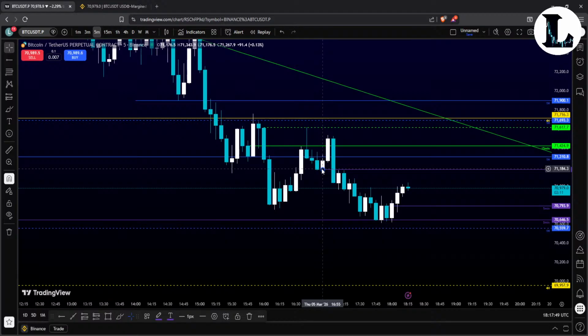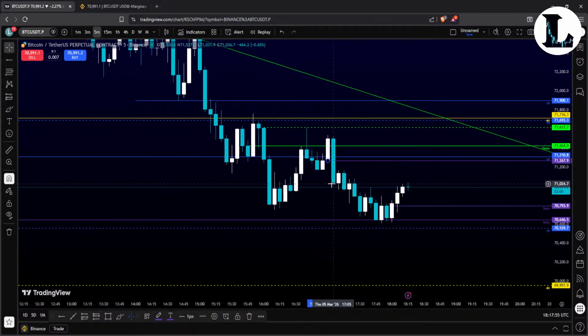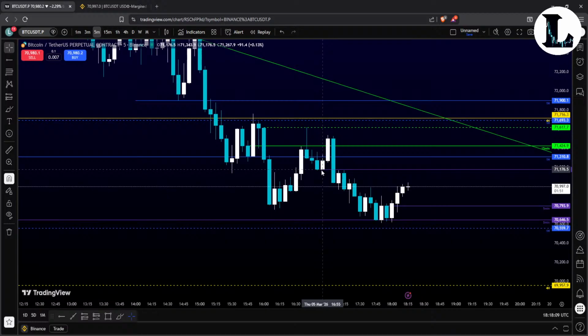Okay, so when you have a white candle followed by 2 blue candles, and you have before that a white candle, here we don't have 2 blue candles, but imagine that this was a blue candle. If you had 2 white candles, the price could go to the wick or to the lowest point of this first white candle.